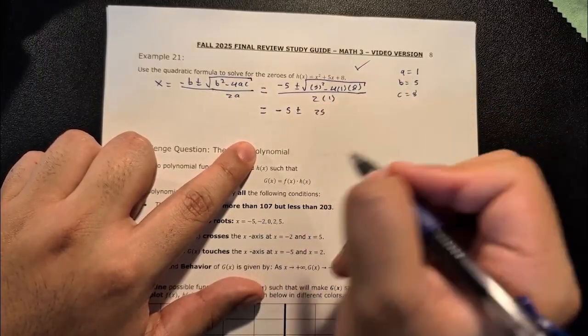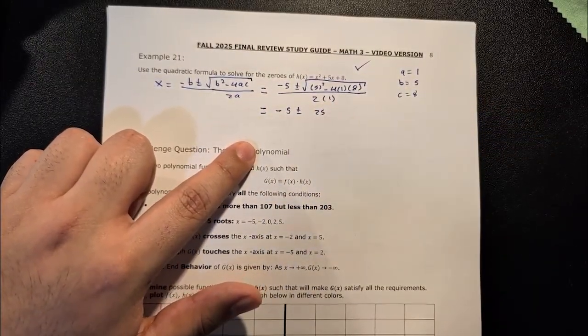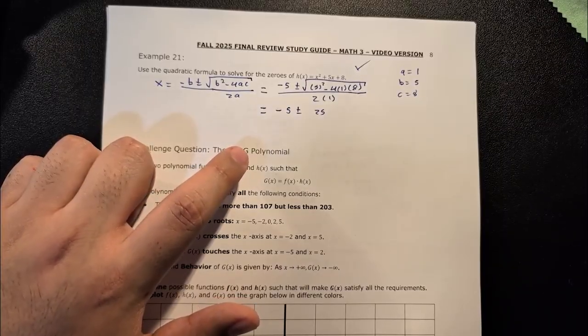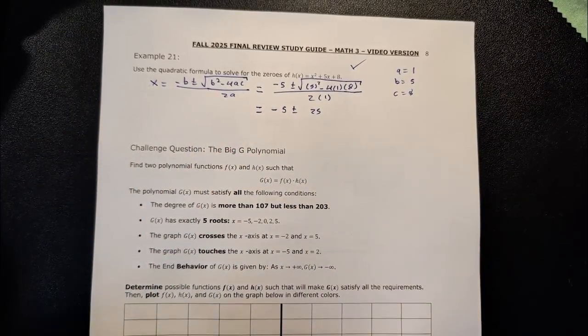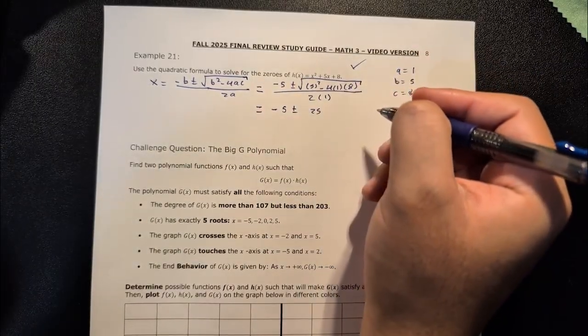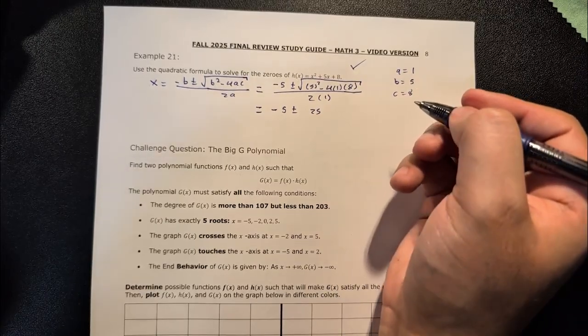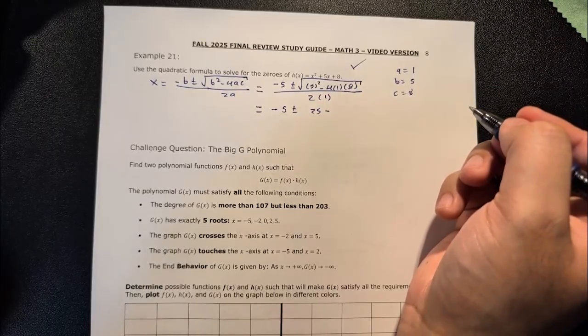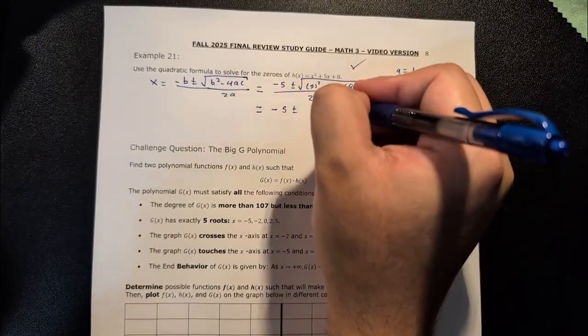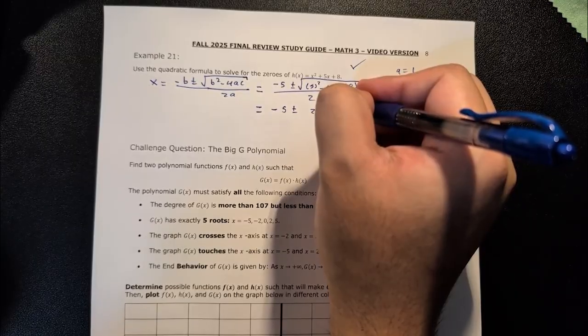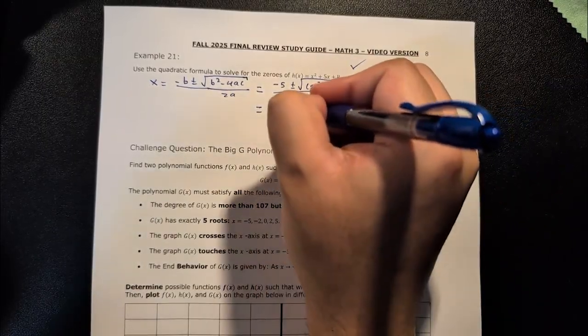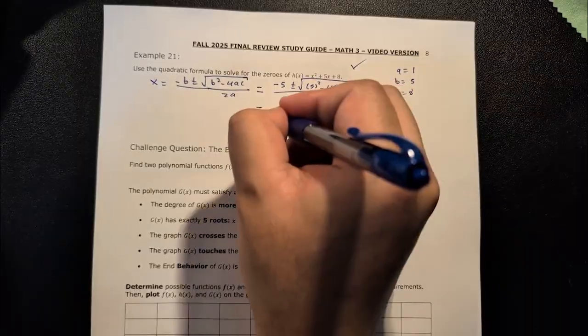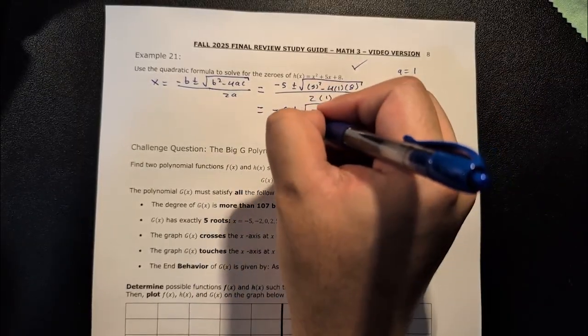So what does this give us? 25 minus 32, all over 2.